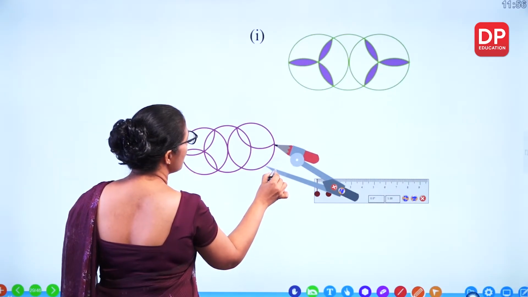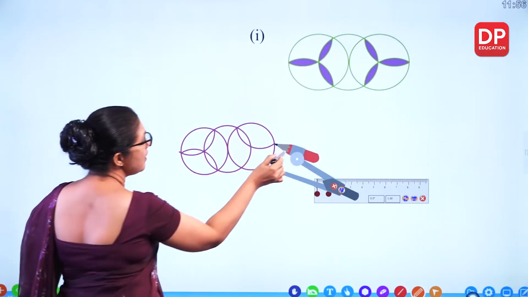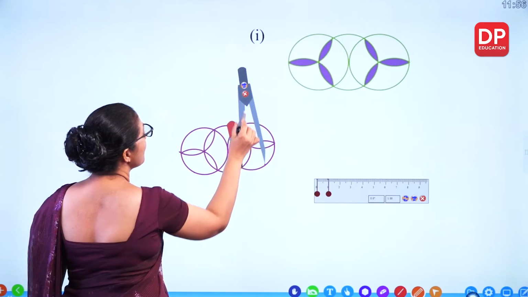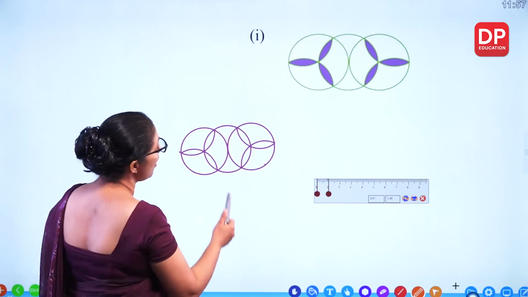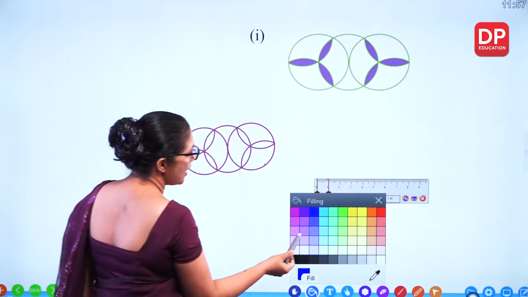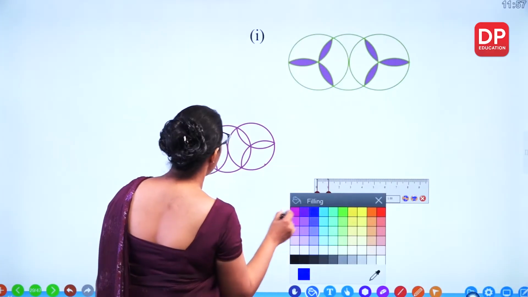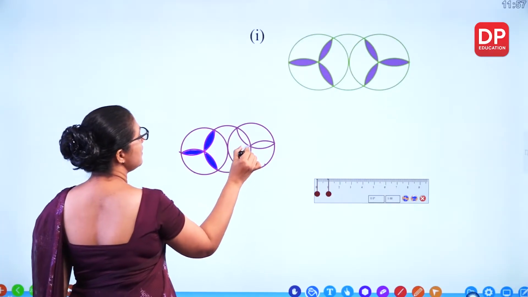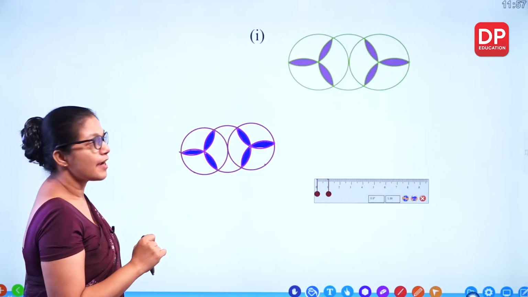If it's not okay, you keep it properly. And now you can draw the other arc. Now I think we did all sides. Now we can color this. You can put any color that you like. I'll take blue. So you can color all these petals like this. So that's the diagram.